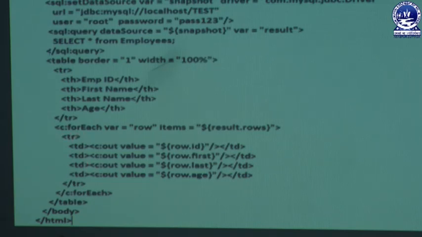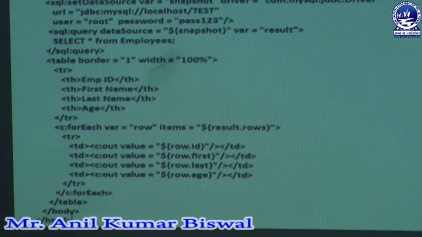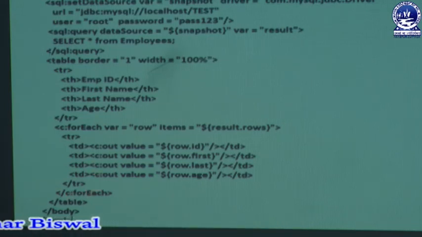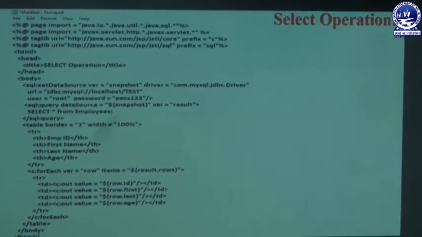Then we can close it with c:forEach, and that forEach must be ended with /c:forEach. In this way we are getting records one by one, retrieved from our system. It is a very effective and usable way without any complicated process.